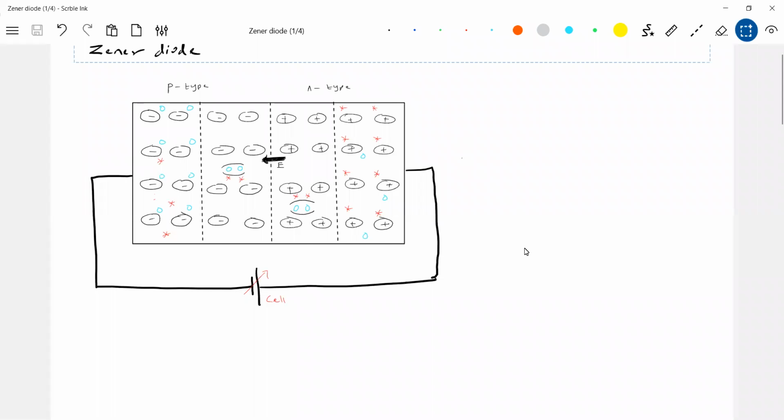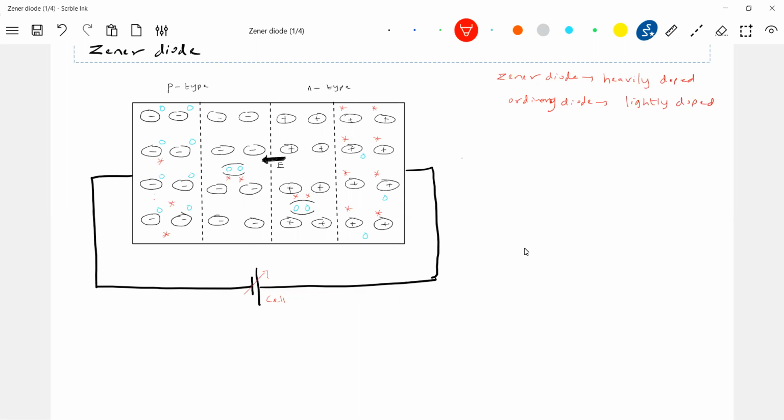So what is the difference between the Zener diode and the ordinary diode? The Zener diode is heavily doped here, and the ordinary diode will be lightly doped, depending upon applications, in general.